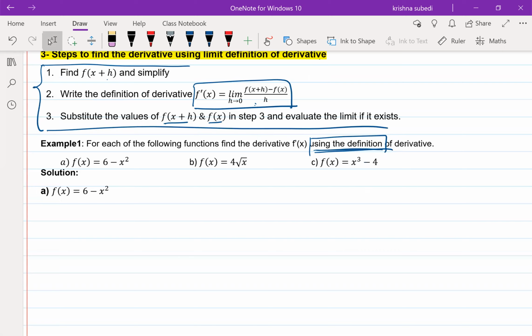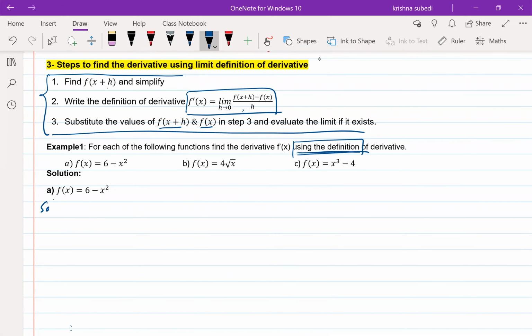All right, so we have this. Now, following the three-step method, step 1, find f of x plus h, which is 6 minus x plus h squared. If you simplify, you get 6 minus x squared minus 2xh minus h squared.